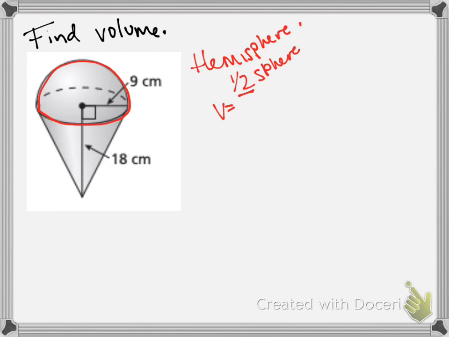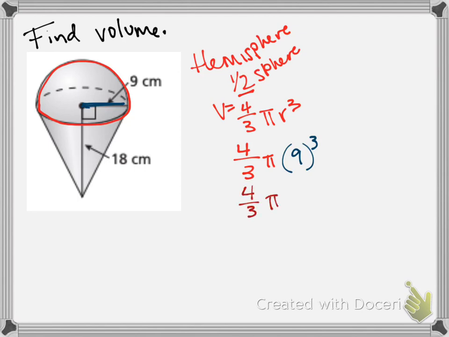So the volume of a sphere is still 4/3 pi r cubed. So we need to know the radius, and it is 9. So I'm going to cube that. 9 times 9 times 9 is 729.